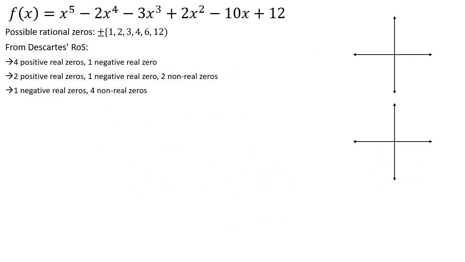Okay, so here's what we got, and to illustrate what I'm going to talk about next, I'm going to draw the graph of this first possibility from Descartes' rule of signs in green. I'm going to draw the second possibility in red, and the third possibility in blue. Something I know, because this is a fifth degree polynomial and the leading coefficient is positive, is that it's going to follow the behavior where it starts in the bottom left and goes to the top right.